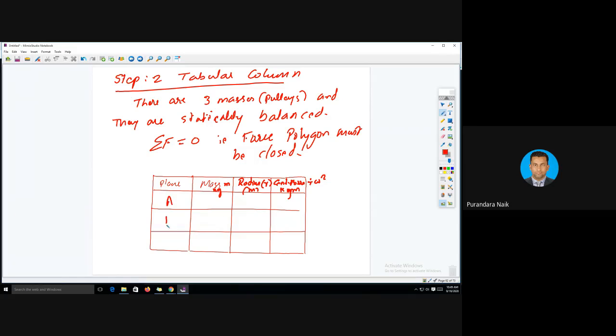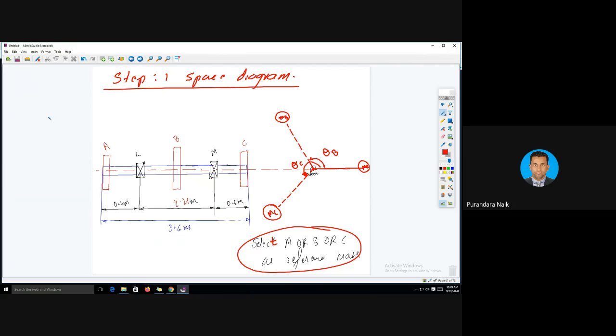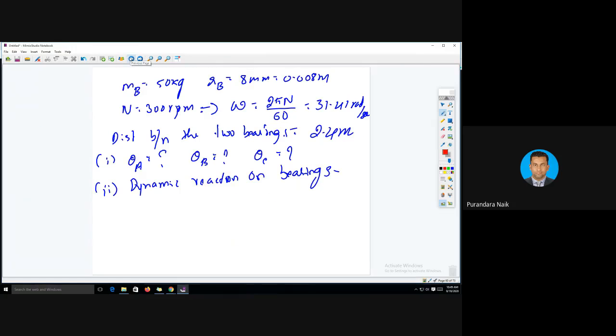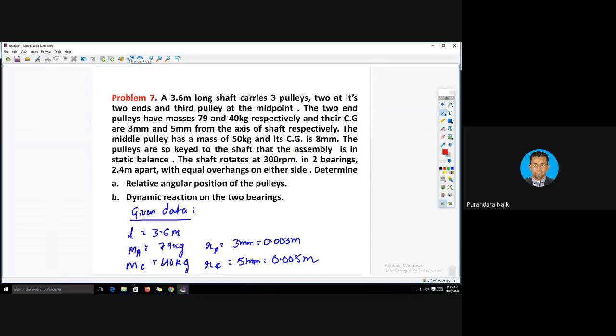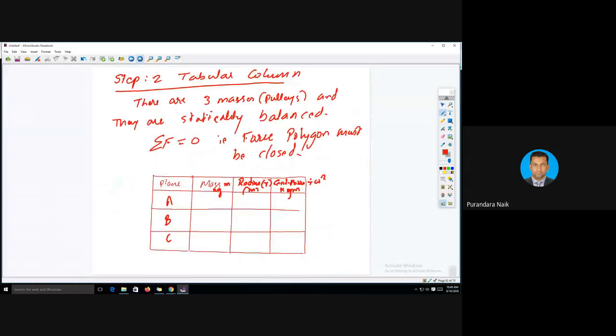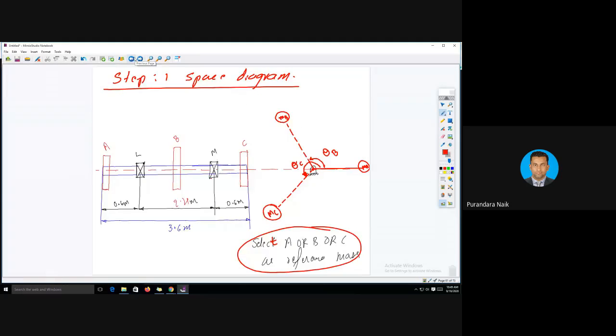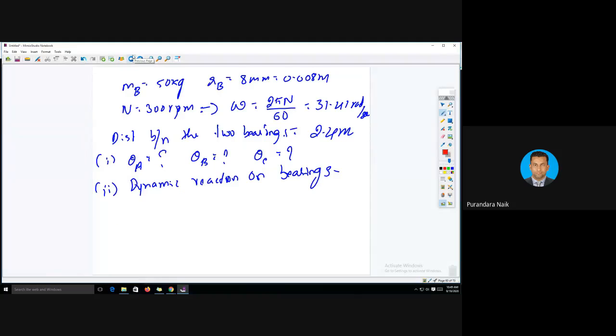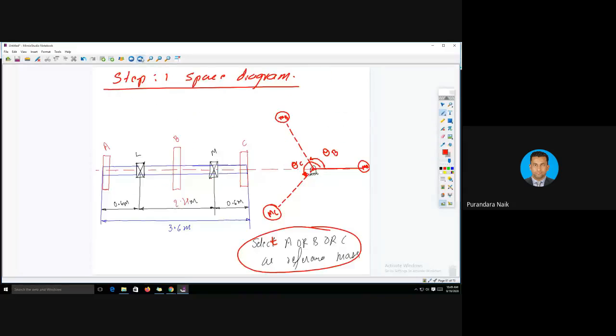A, B, C. What is the mass of A? Mass of A is 79 kg. What is the mass of B? Mass of B is 50 kg.